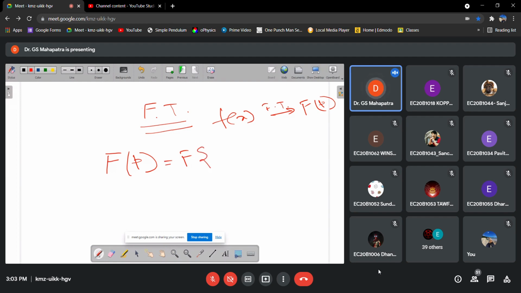If I write 0 to infinity, small f of x e to the power i p x dp. This is the Fourier transform, correct?